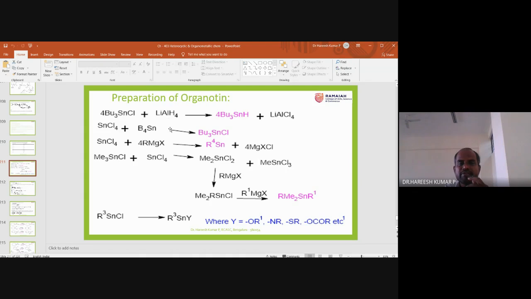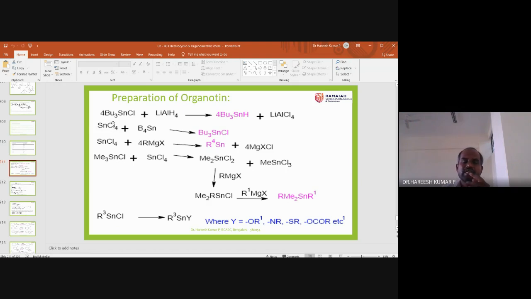When it is treated with lithium aluminum hydride, it gives tributyl tin hydride. This is TBTH, and it is used as a reducing agent. If you want to know how the tributyl tin chloride is obtained, it is obtained starting with stannic chloride.